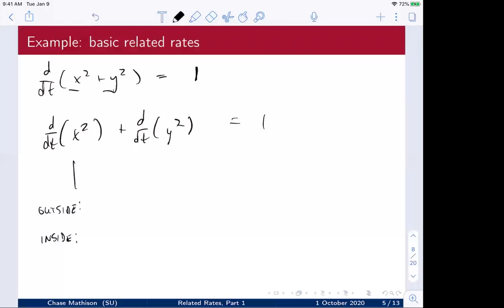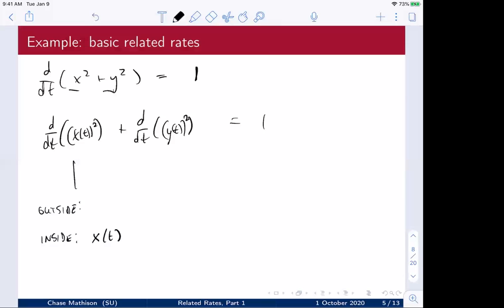When I'm differentiating x squared with respect to t, the inside function is just x of t, because we're assuming these are functions of t.